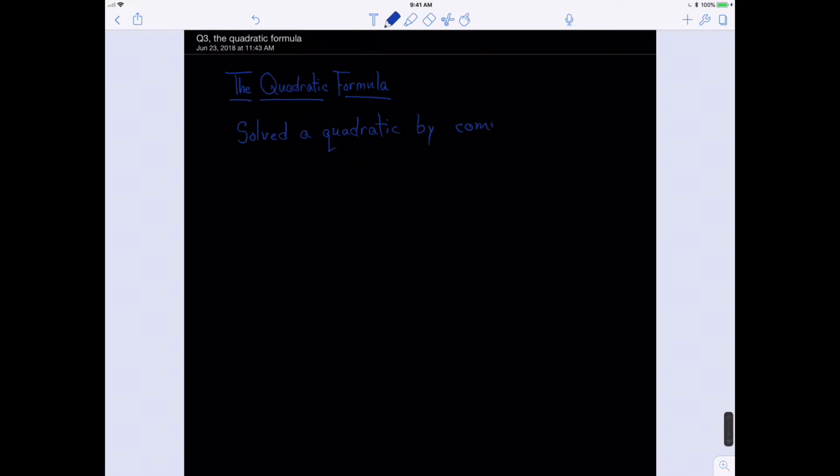That was the technique that we used, completing the square. And the reason for doing this is that when you complete the square, now any quadratic can be solved.